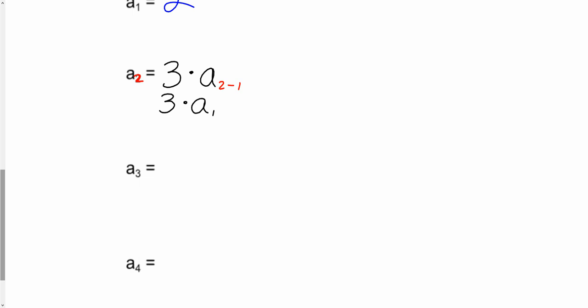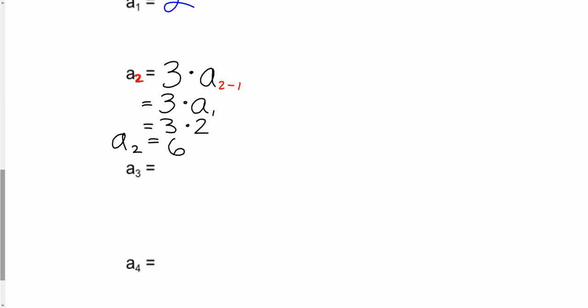Don't we know the answer to a sub 1? What's the answer to a sub 1? It's 2. So the answer to this first part is 6. So the second number in the list is 6. Now, we would not have been able to arrive at that if we didn't know what a sub 1 was. So that's why it has to be defined in your formula every single time you write your own formula.